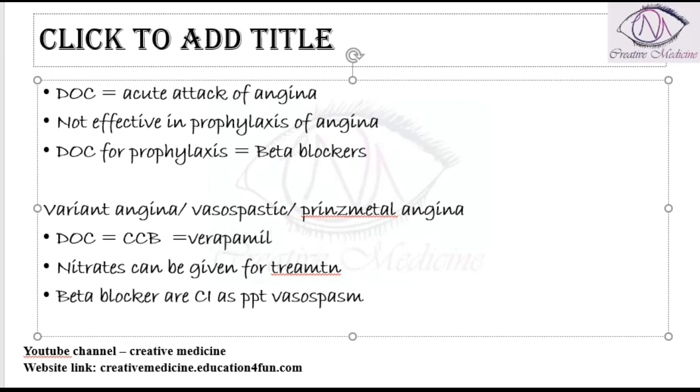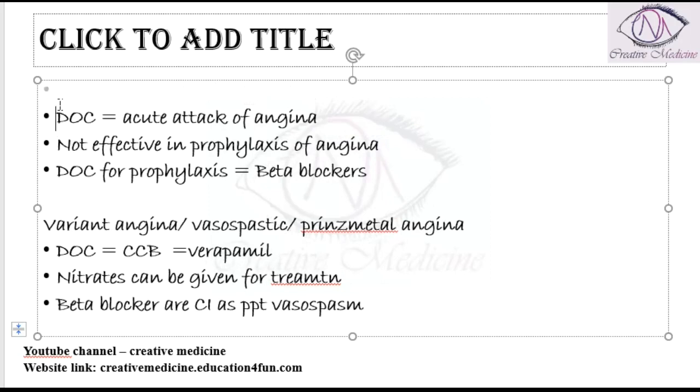So this is about angina. The drug of choice for acute attack of angina is the nitrates, but they are not effective in prophylaxis of angina. The drug of choice for prophylaxis of angina is beta blockers. Then we have variant angina, vasospastic and Prinzmetal angina.